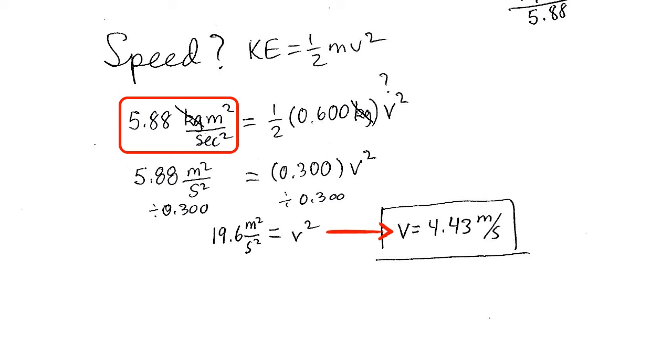Now I want to get v squared by itself, so I divide both sides by 0.300, and that gives me 19.6 meters squared per second squared on the left, and v squared by itself on the right. And now all you have to do is hit the square root key on your calculator, and you get the value of the downward speed, 4.43 meters per second.